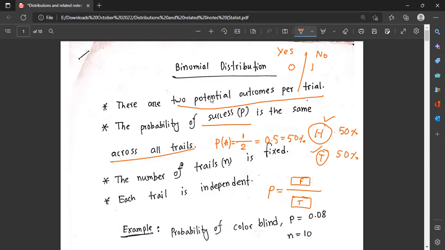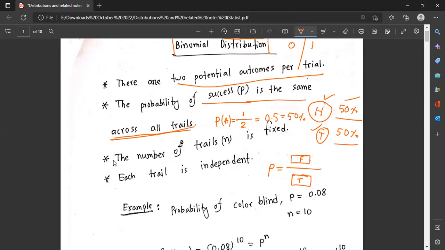Okay, so here in the binomial distribution, the probability of success is the same across all trials. We have 50-50 possibilities here. That's why it is a binomial distribution. Another property is that the number of trials n is fixed. How many times we try is already defined, and each trial is independent. Whether I get head or tail doesn't affect the next event.